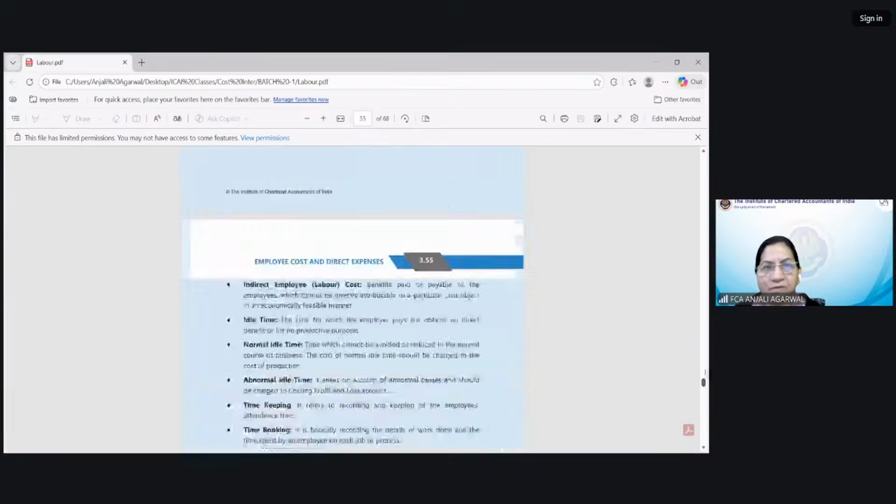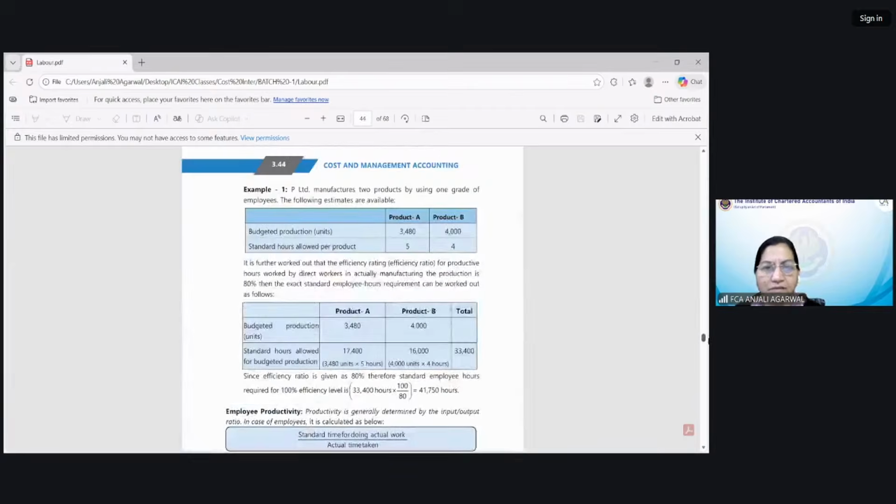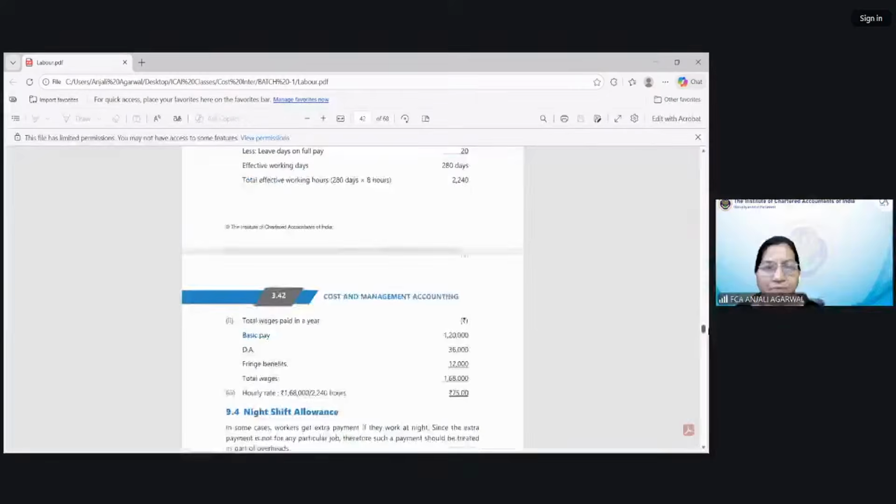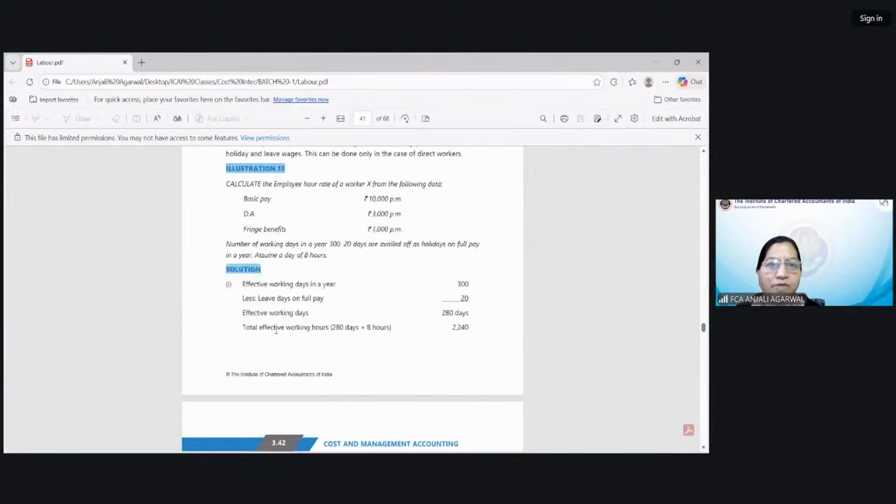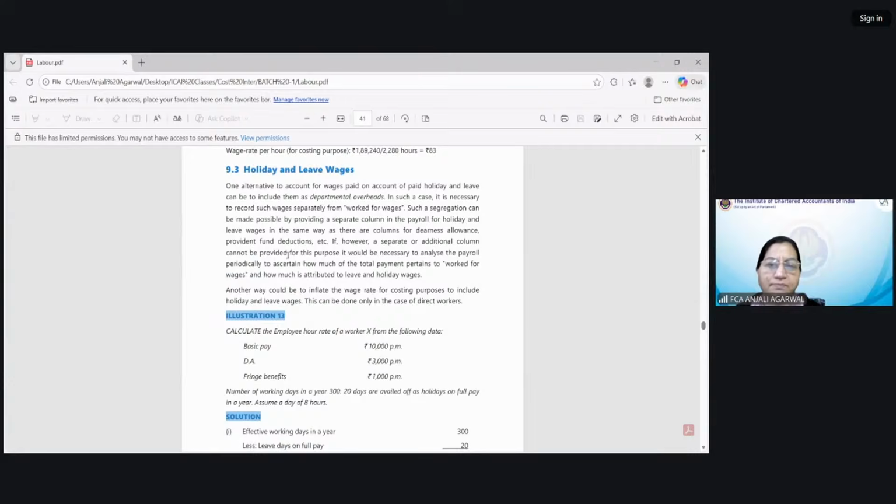So we were talking about leaves. There could be casual leaves, which means the worker will be paid irrespective of whether he takes these leaves or not. Then there are earned leaves, when he will be paid if he does not take the leave, but if he takes the leave, it's okay; his payment would not be deducted.